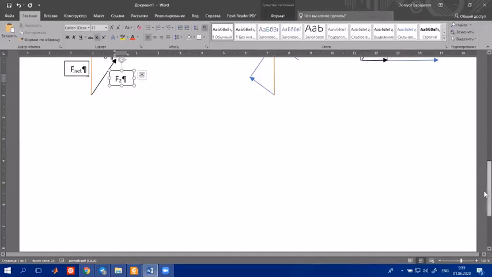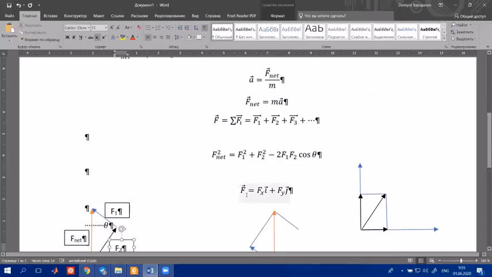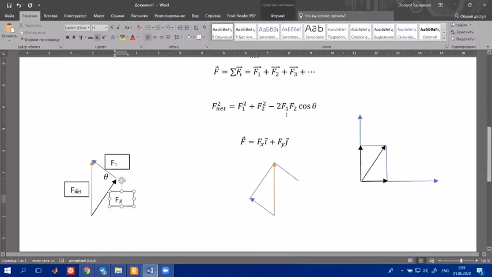And then after decomposing each vector to its x and y components, you can add every component separately. For example, you find x component of f1, x component of f2, then you add these x components, you get x component of f net.